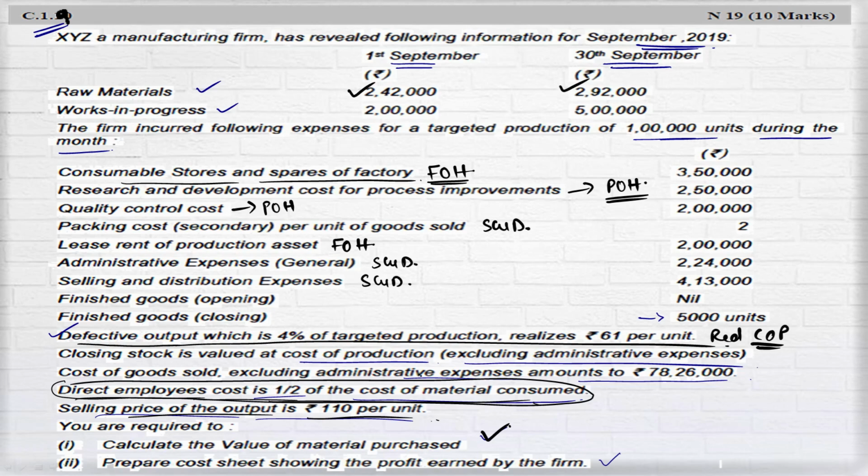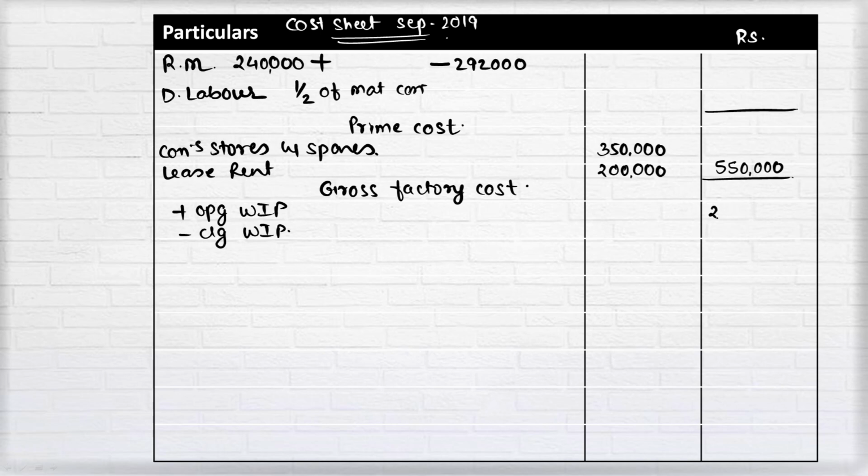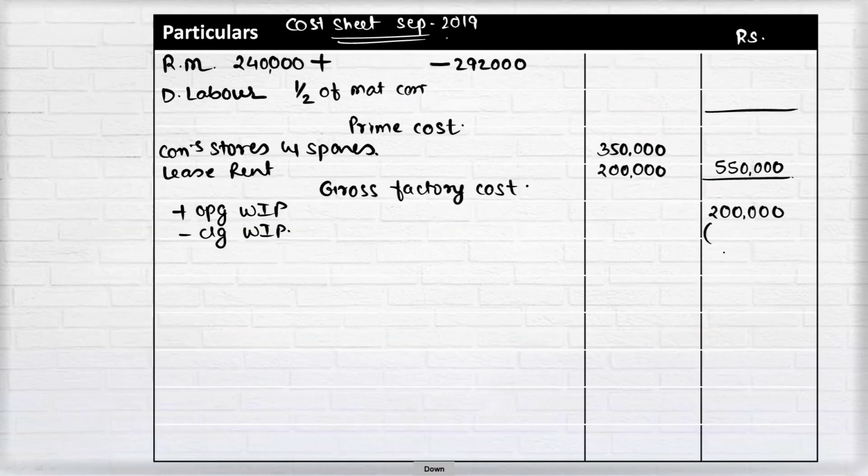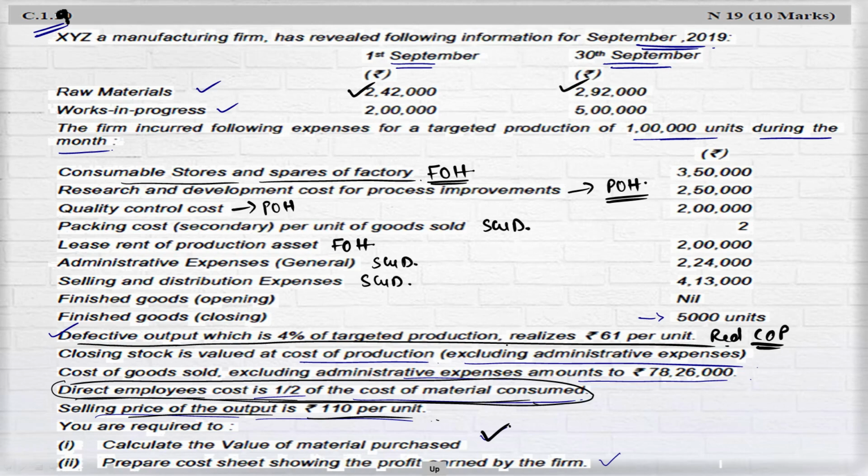Opening WIP is the 2 lakhs. Closing WIP is 5 lakhs. I'm making a mistake. I'm not tick marking what I have already taken into consideration.